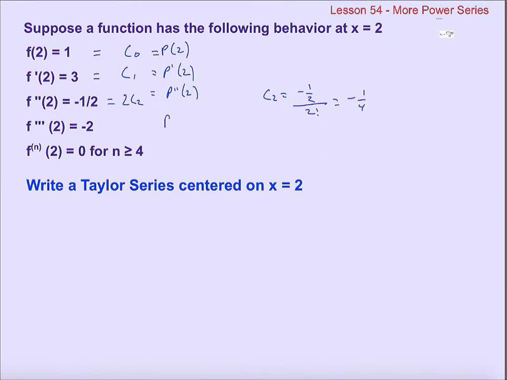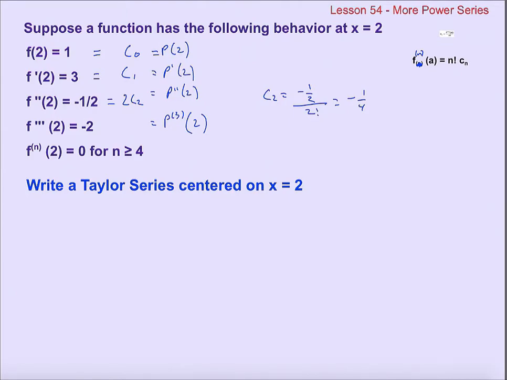And the third derivative of p, this is where we have to remember our formula, that at every step of the way, the nth derivative at a is equal to n factorial times the coefficient.